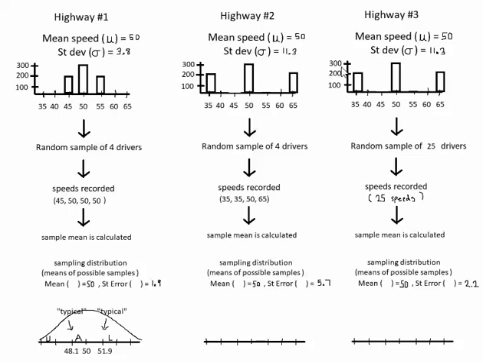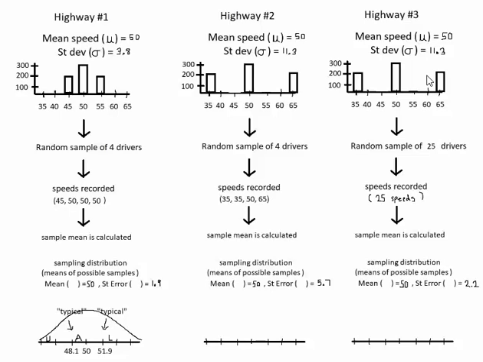And then for Highway 3, what I'd like for you to do is just copy the same bars for Highway 2 and make it the same 700 speeds. So we're imagining that Highway 3, again, has a population of 700 people who drive on it every day, and it turns out that their speeds just happen to be the same speeds as the Highway 2 drivers.